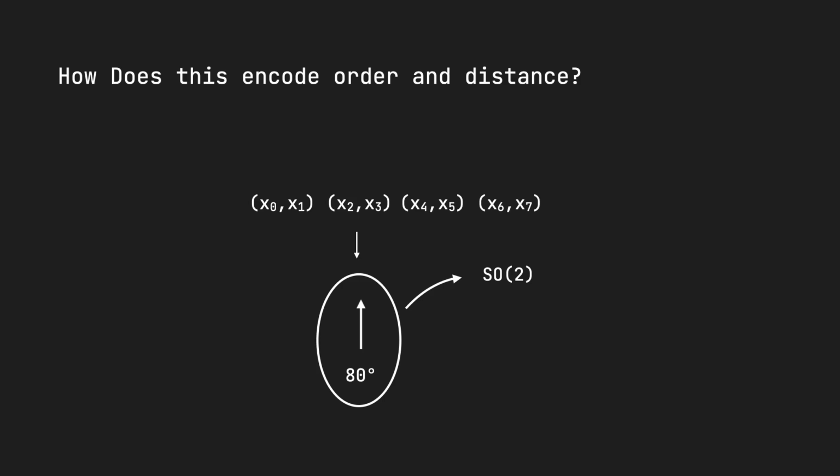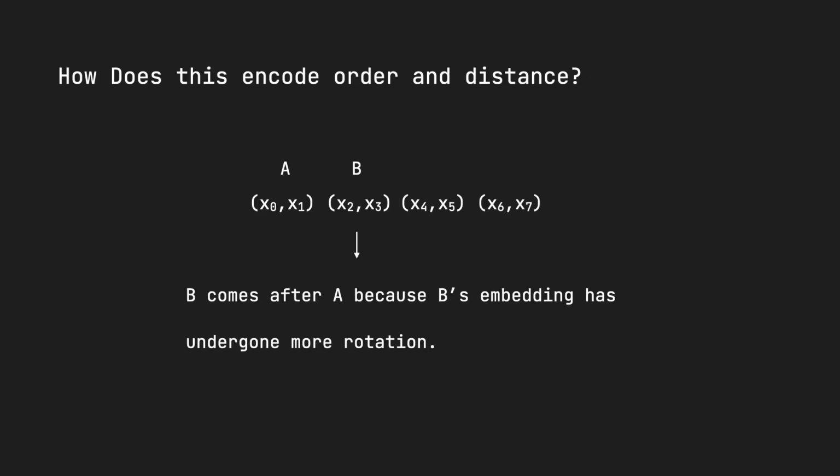And it's interesting because the geometry is allowing us to encode information. Imagine you have a vector A and a vector B. It allows us to answer that B comes after A because B's embedding has undergone more rotation. One was rotated 80 degrees, the other 20 degrees.